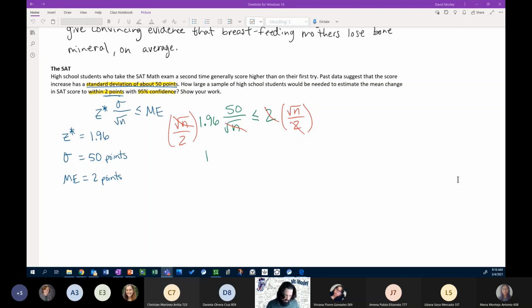We are left with 1.96 times 50 divided by 2 is less than or equal to square root of n. Now we have to square both sides. The squaring cancels out the square root.